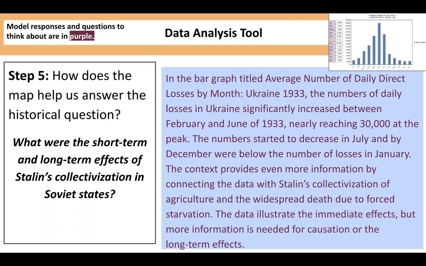That was from our sourcing and our observations put together. The numbers started to decrease in July, and by December were below the number of losses in January. The context provides even more information by connecting the data with Stalin's collectivization of agriculture and the widespread death due to forced starvation. The data illustrate the immediate effects, but more information is needed for causation or the long-term effects. So we are putting all of the steps together to really answer number 5.